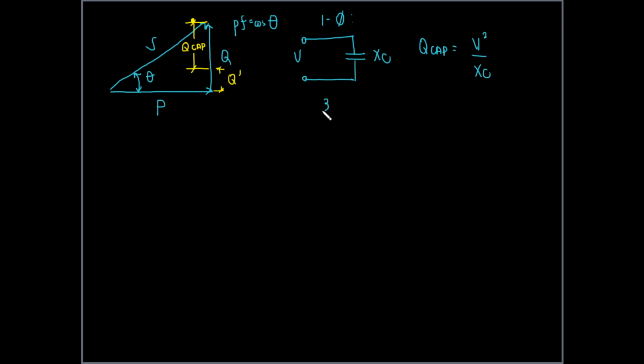For three phase, you can install capacitor banks in delta or in Y. So it depends how you're going to be installing them.